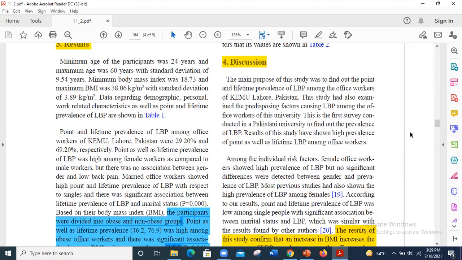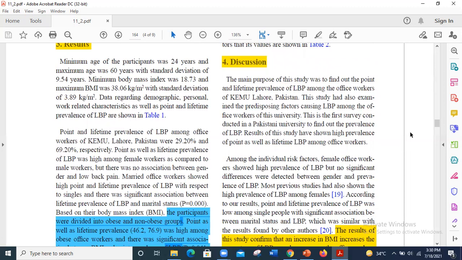Discussion is basically comparing your results with the study results of different researchers around the world. You can compare your results with any international or national research that has been done in the past. You are currently doing your research, but you are going to compare your results with the studies that have been done in the past.